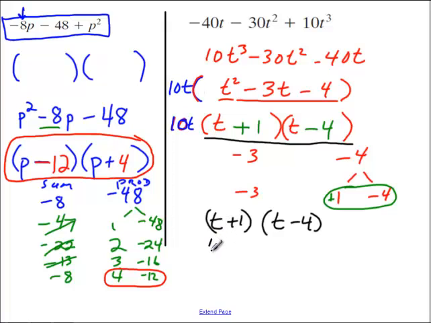So let's do the FOIL. First is t squared, t times t. Outside is minus 4t. Inside is plus 1t, or just plus t. Last is plus 1 times minus 4, which is minus 4. And then combine the like terms, and we get t squared minus 3t minus 4, and that is that.